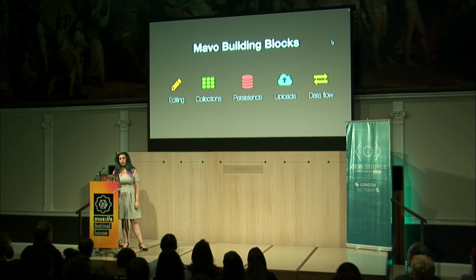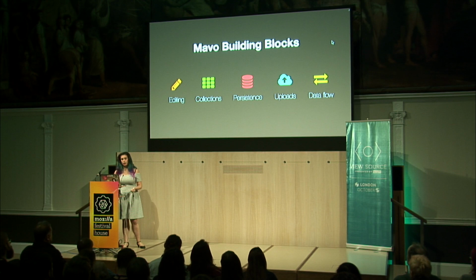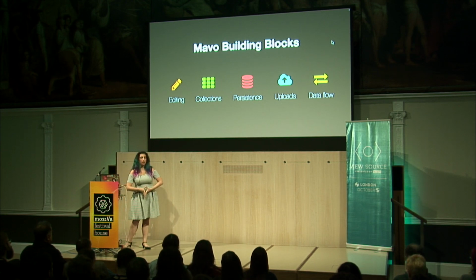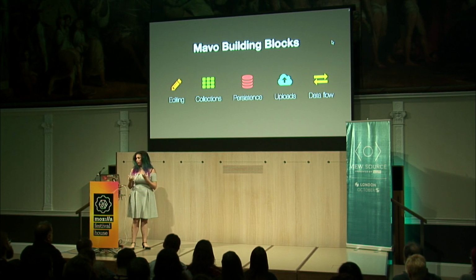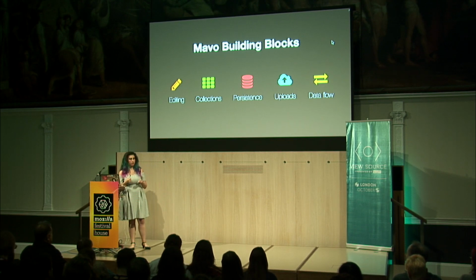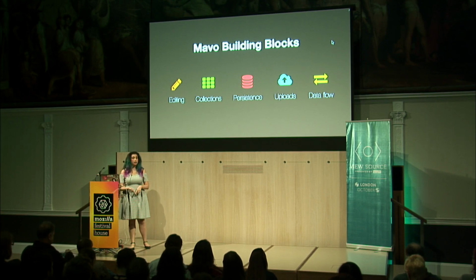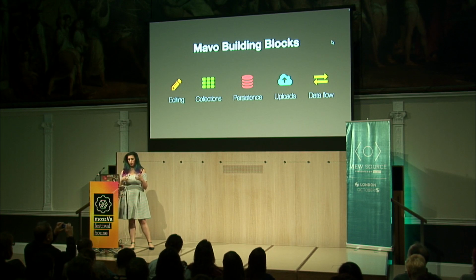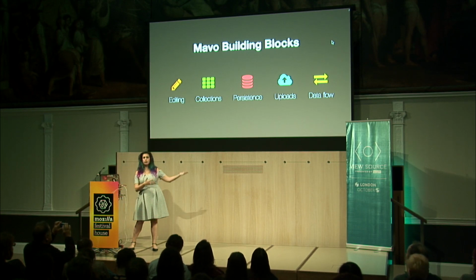And the primitives, the building blocks we based it on, were things that we saw people were struggling with. They were trying to do them, and they were having a lot of trouble learning the necessary JavaScript to actually accomplish them, like editing data; collections, like having multiple copies of the same thing with different data; persistence, storing data somewhere.